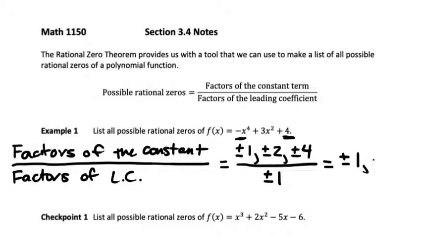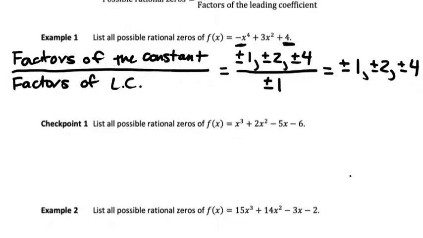That would result in plus or minus 2. And we have plus or minus 4 over plus or minus 1. That would result in plus or minus 4. So these are my 6 possible rational zeros: plus or minus 1, plus or minus 2, and plus or minus 4. So next you should look at checkpoint problem number 1.